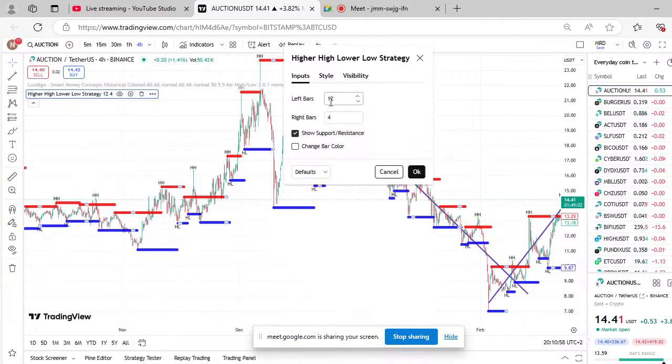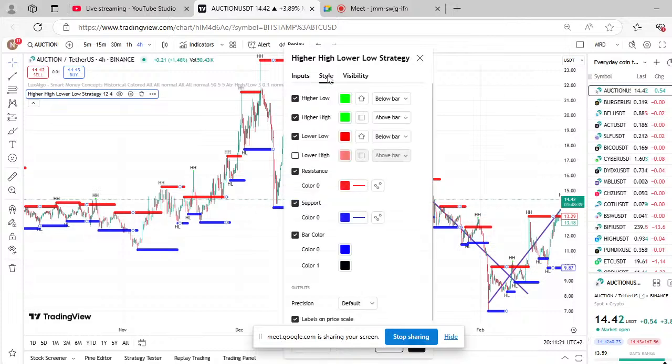On inputs, we have 12 and 4, and we tick show support and resistance. On right bars we have 4, then left bars we have 12. Then we can click here on style, then we can change the colors here.